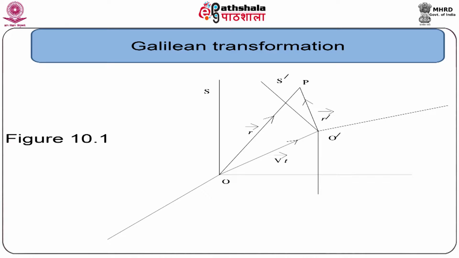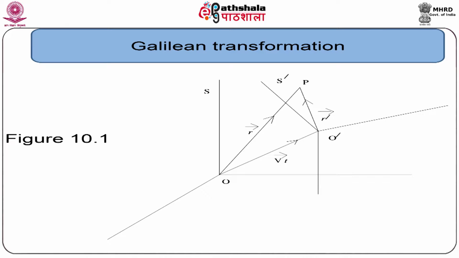O is the origin of S system, whereas O dash is the origin of S dash system. P is the position of the particle. Its position vector is r vector with respect to the origin O, that is with respect to the fixed frame S, whereas its radius vector is r dash vector with respect to the origin O dash.